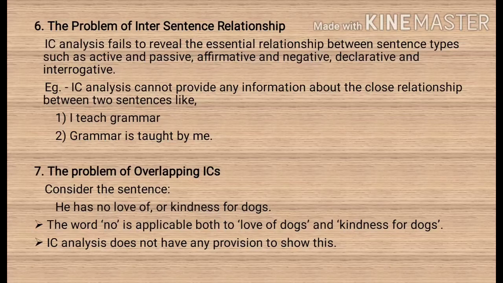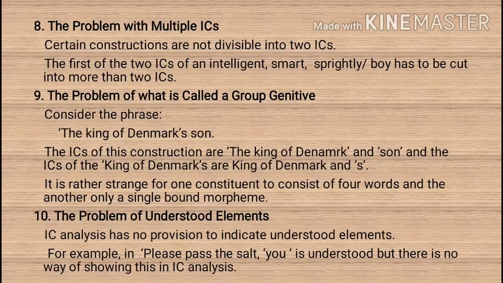Seventh is the problem of overlapping ICs. Consider the sentence, he has no love of or kindness for dogs. Here, the word no is applicable both to love of dogs and kindness for dogs. That is, IC analysis does not have any provision to show this.